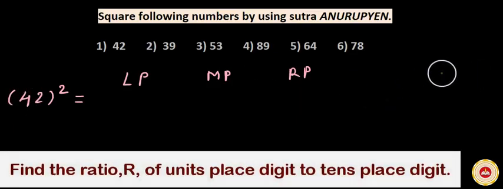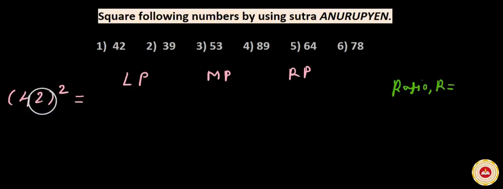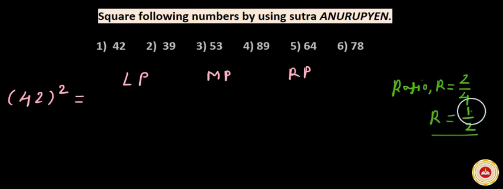Ratio R equals the ratio of the digit at the units place to the digit at the tens place. That means 2 upon 4, which is equal to 1 upon 2. So our ratio R is 1 upon 2, and we are going to use this ratio for further calculations.